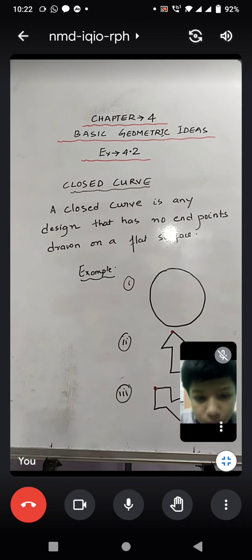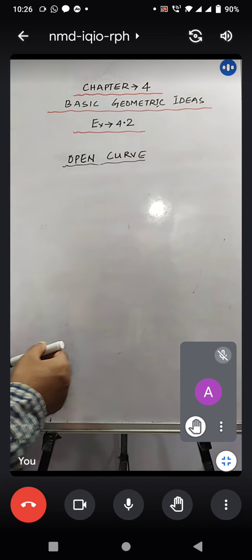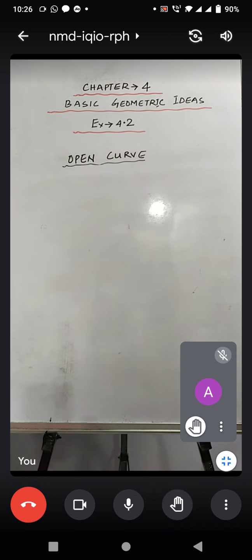Now here is another very important definition, that is open curve. And what is an open curve?